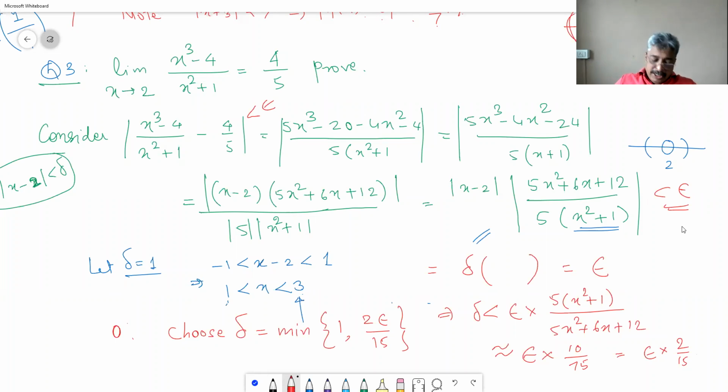So have you understood the estimation tool that we are using? Now, if you choose delta equal to say 2 here, instead of 1 you use 2, then this number will change. This number will become 2, but the proof will be complete. Now this is academic proof that we are writing. We want to have a proof why this limit is true, and therefore this is for purely academic purpose.